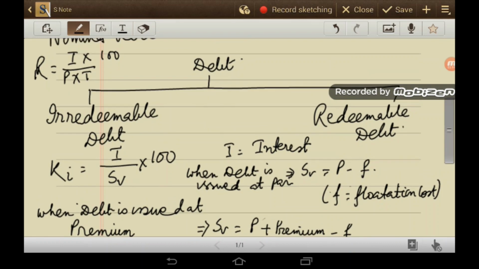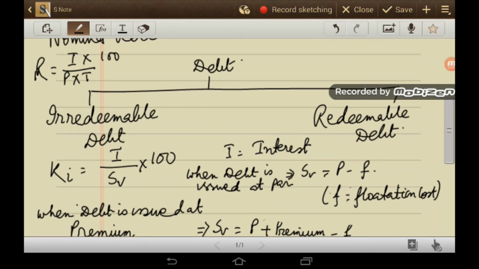So I remains in the numerator, which is the interest, and T is removed. Why? Because when we calculate cost of debt, T is equal to 1. So T is removed from the denominator. And here the principal is taken as SB.